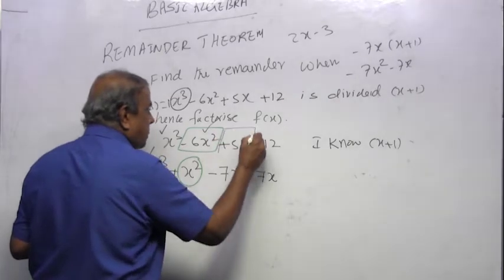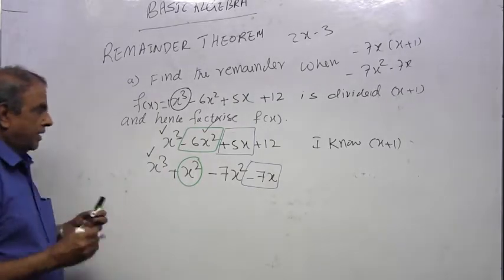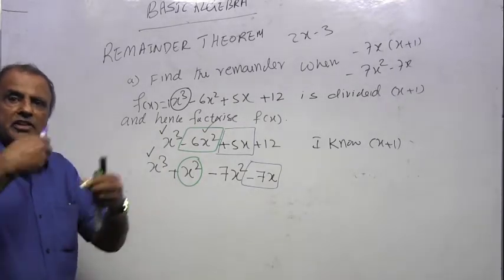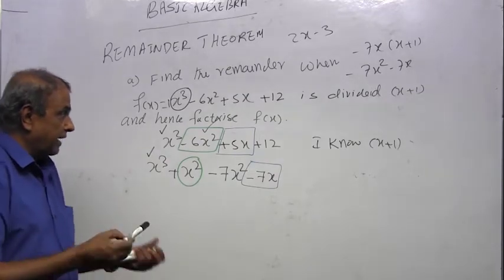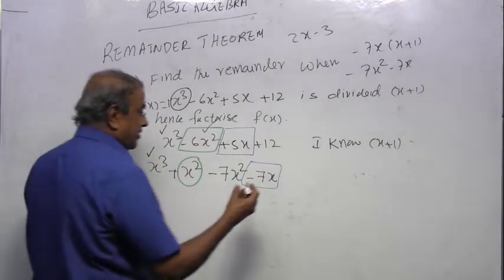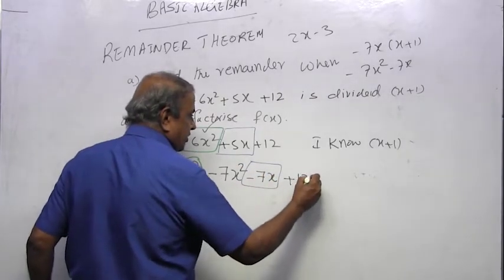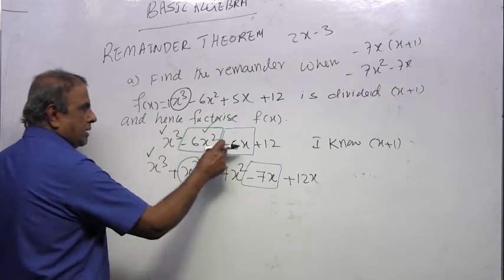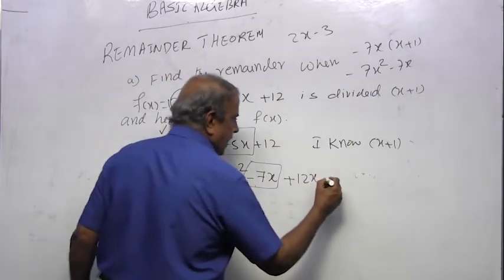Can you see that? I have put minus 7x. That means I have to adjust the term. So therefore, to get that plus 5x from minus 7x, I should have plus 12x. Look, plus 12 minus 7 gives me plus 5. Minus 7 plus 1 gives me minus 6 and 12.